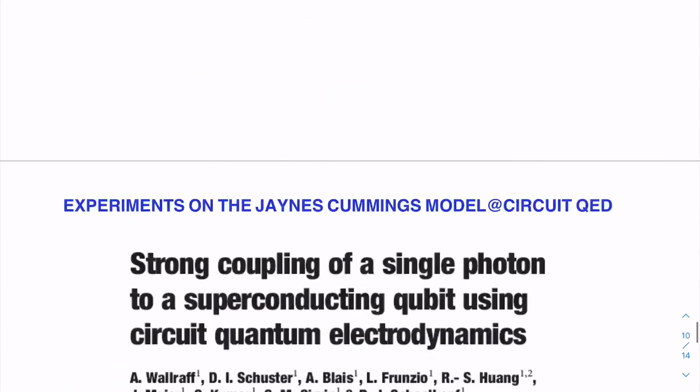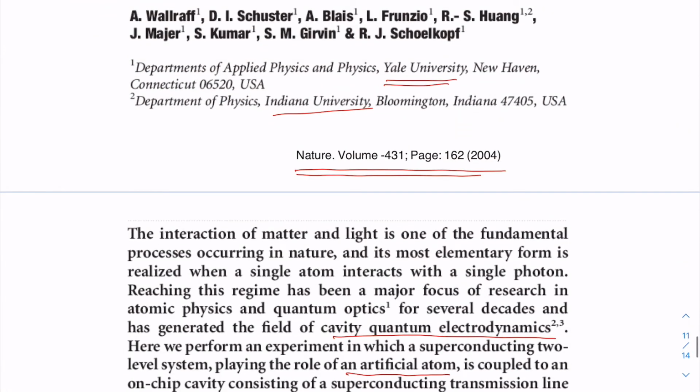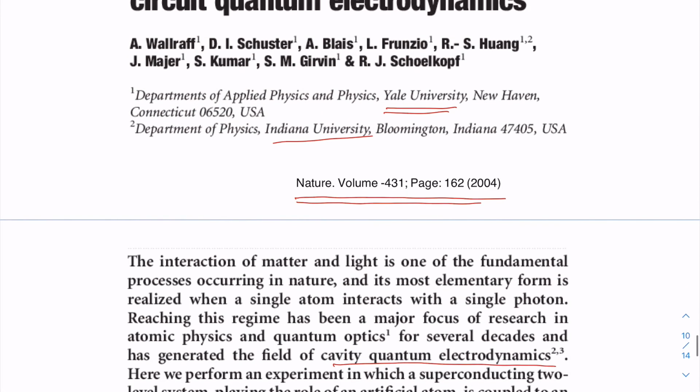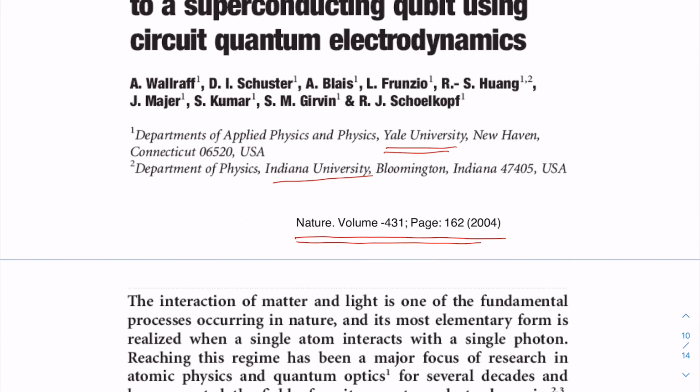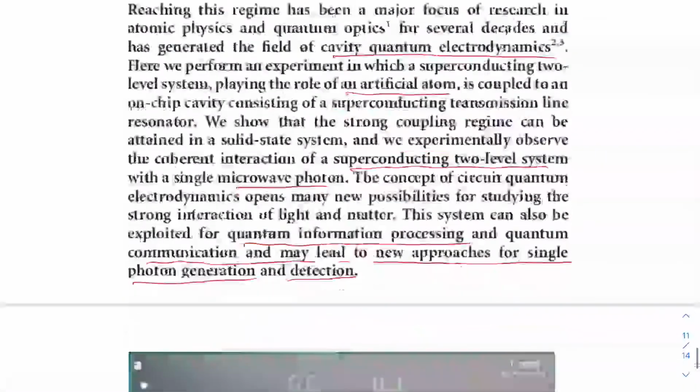What I will do now is try to explain the key findings of this landmark paper based on what we have learned so far. What the group observed was the intensity of the transmitted beam. They plotted the intensity of the transmitted beam as a function of the drive frequency.